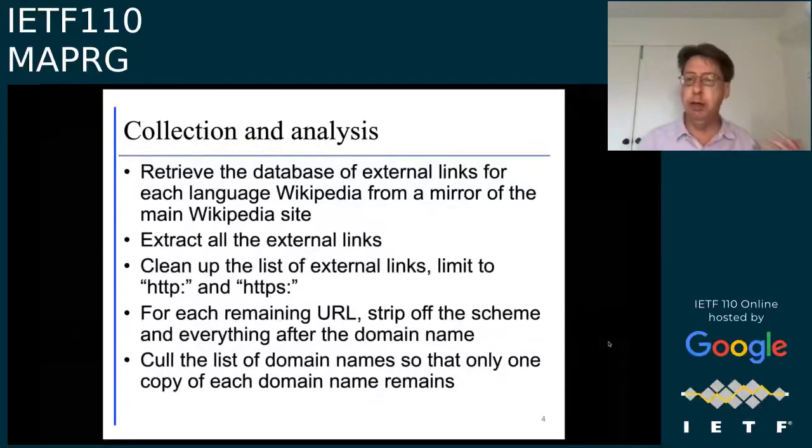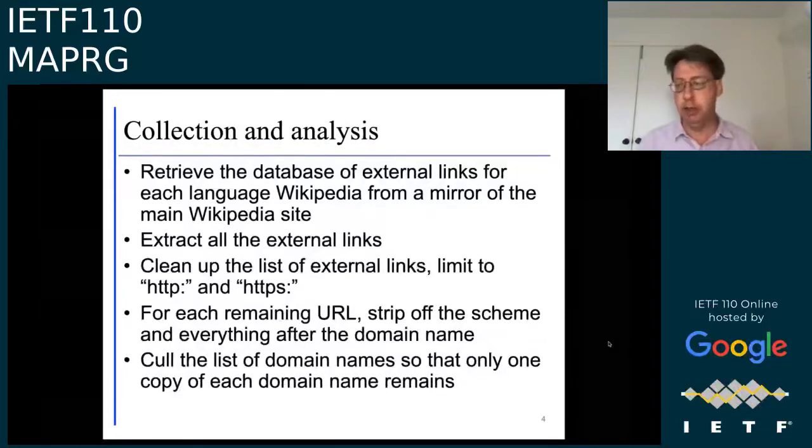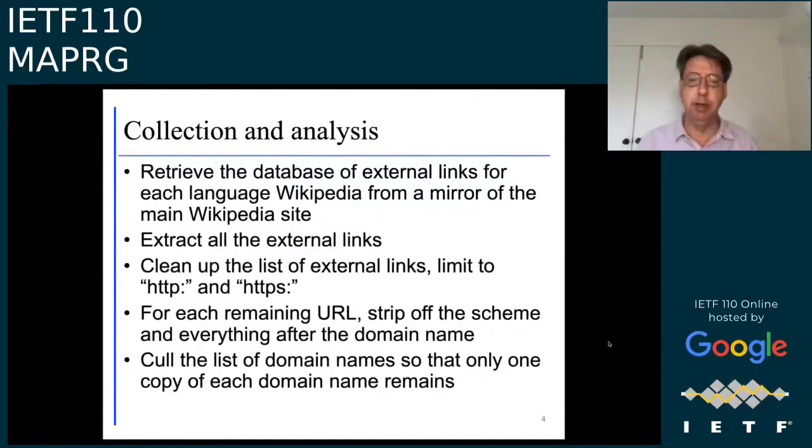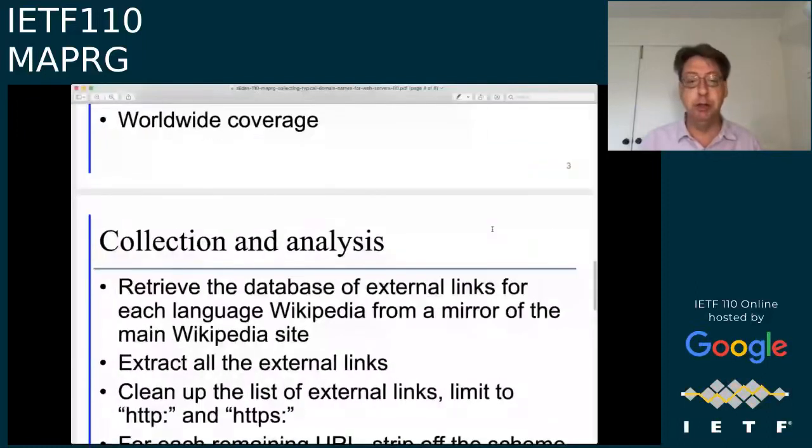So grab the database, extract all the external links, because it's a MySQL database. Clean up the lists, because Wikipedia, being publicly edited, has lots of broken links that just don't make sense, and that's okay. Not dunking on Wikipedia at all, it's a lovely resource. I picked out all the ones that were for HTTP and HTTPS, which turned out to be the vast majority of all of the links.